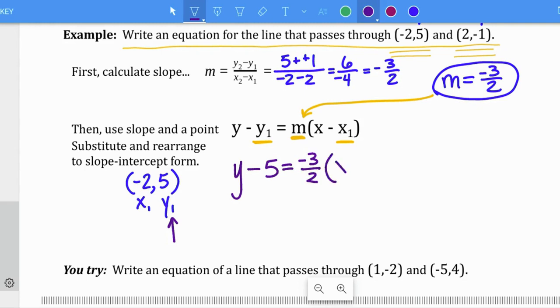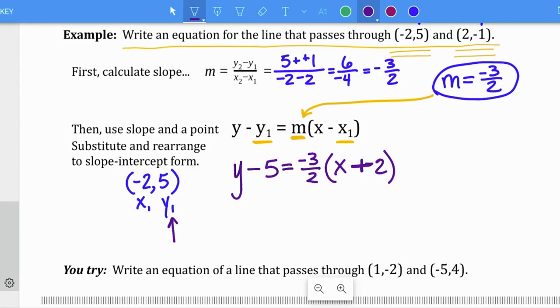Parentheses, and then I have x minus the x value. The x value being a -2 in this case. So be careful when you have that subtracting a negative. Your best plan is just to turn that right into a plus sign right there. Simplify it. 1 sign's better than 2.